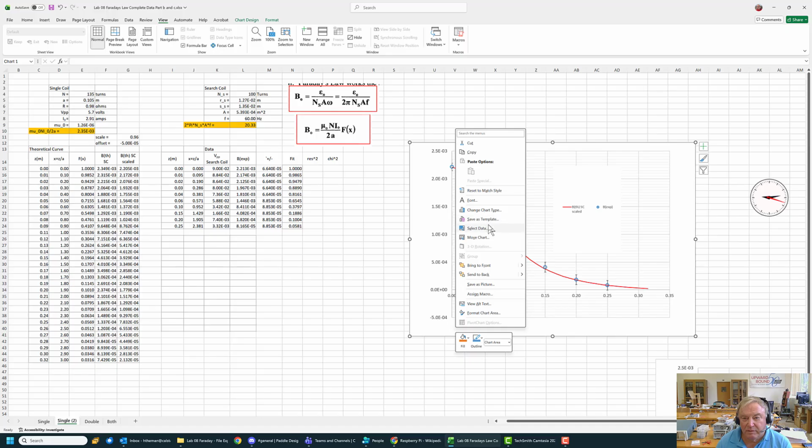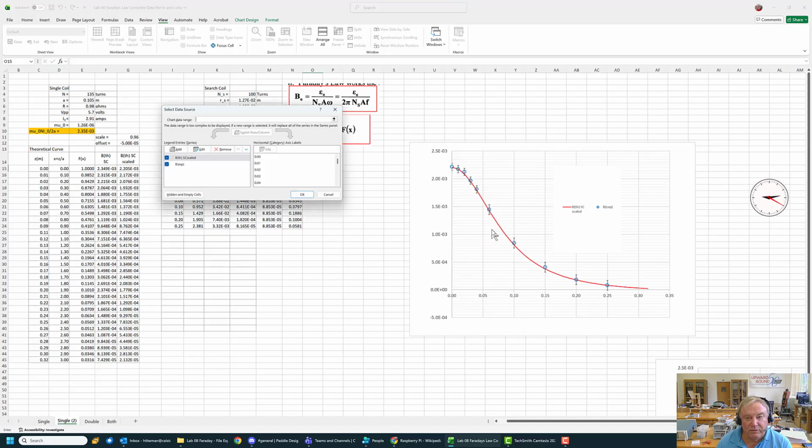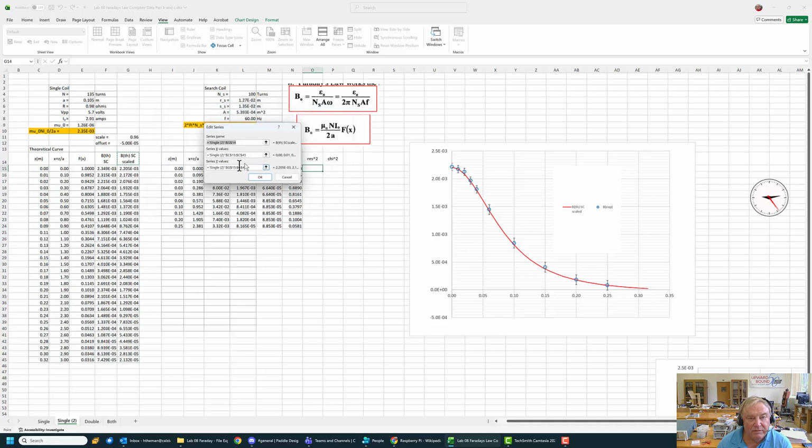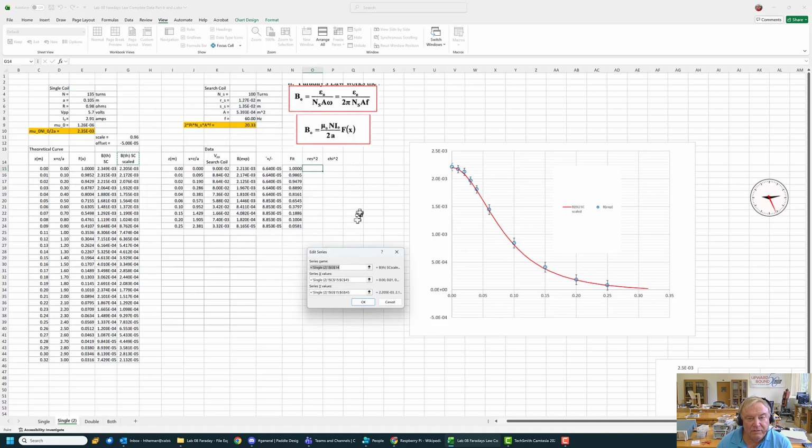I have to admit, I forgot which is the x-axis. And it's the z values. Interesting. Oh yeah, of course.